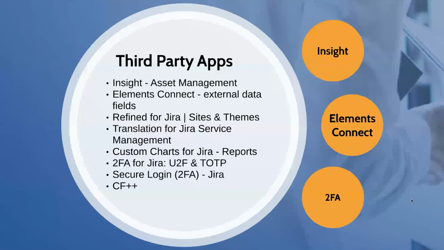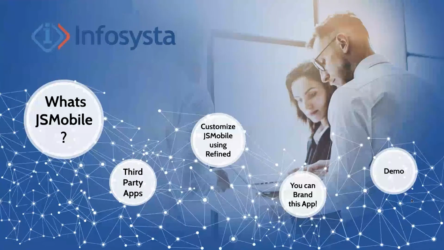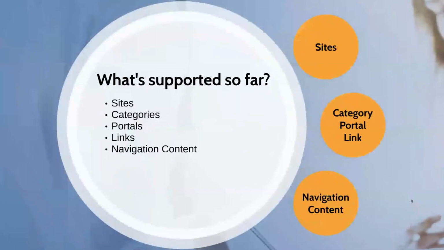But now we can have a question: several kinds of customers ask for customization of the mobile app itself. So how do you customize JSM Mobile using Refine Theme? We know that in Refine Theme you can create multiple sites, multiple categories, portals, links. You can add different kinds of navigation content.